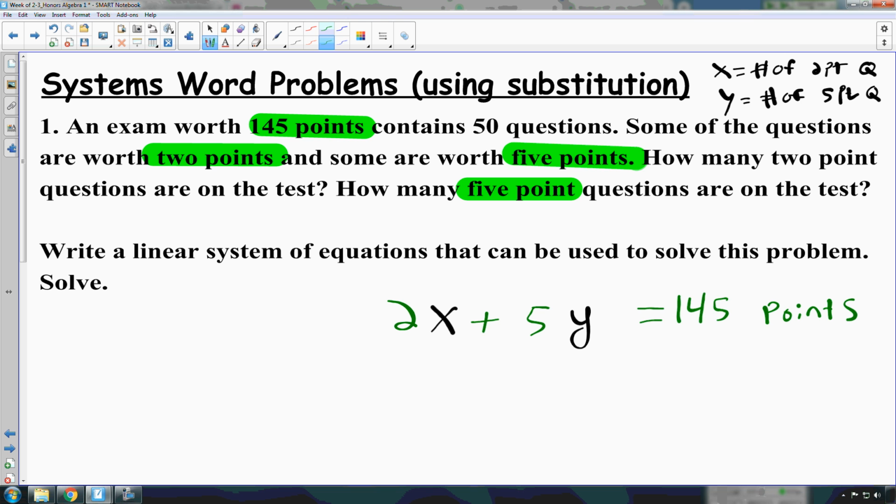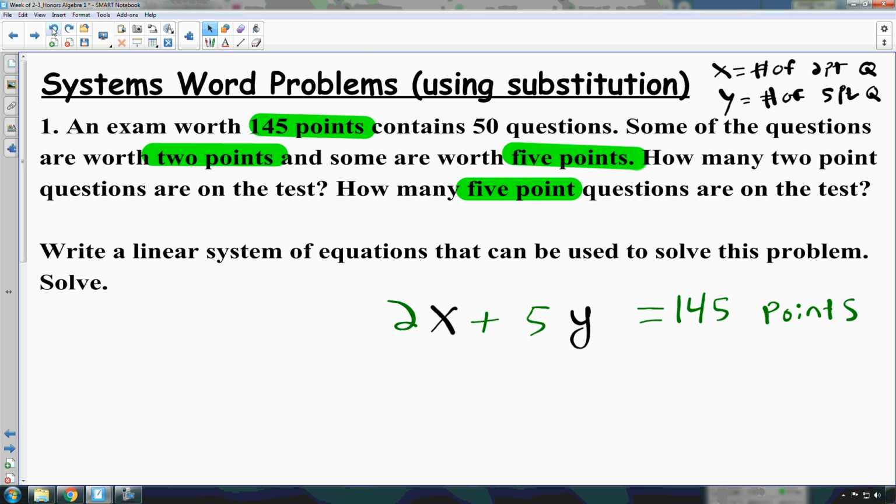If we had 5 5-point questions, that's 25 points, 5Y, so we put 5 in for Y. If we had 10 2-point questions, that'd be 20 points. That's just an example. So that's our first equation.